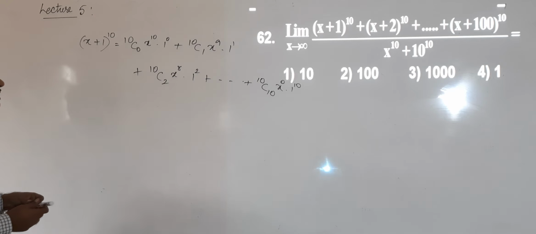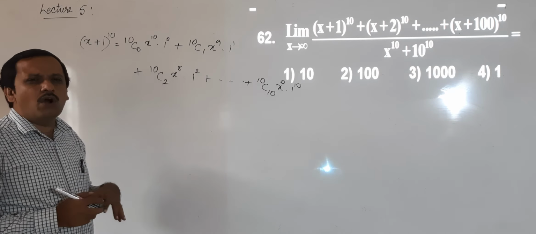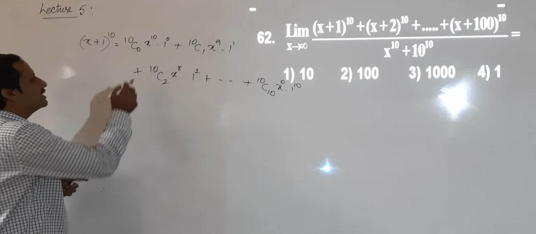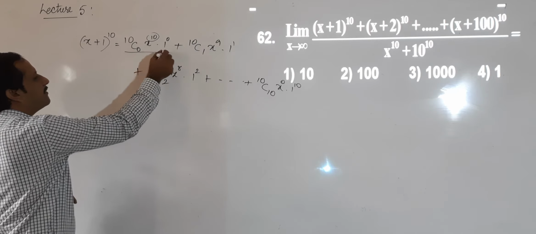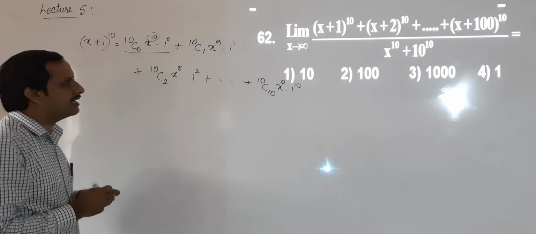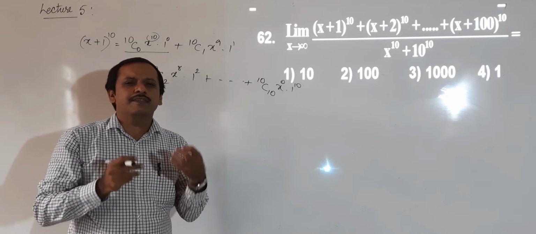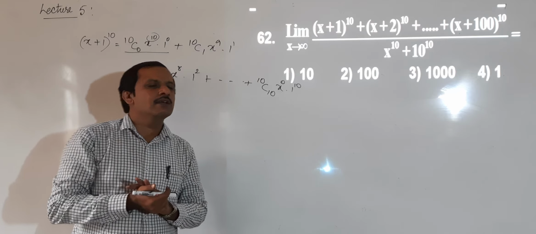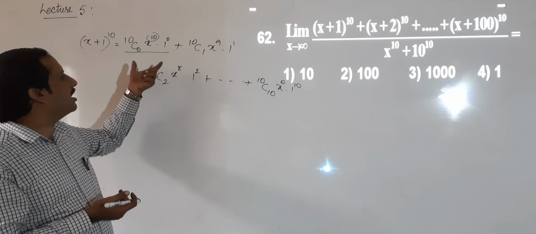Now observe what is the highest power of x in this expansion. The highest power of x is 10, right? When I expand x plus 1 whole power 10, the highest power of x will be 10 only. So can I say that it is a polynomial of degree 10?